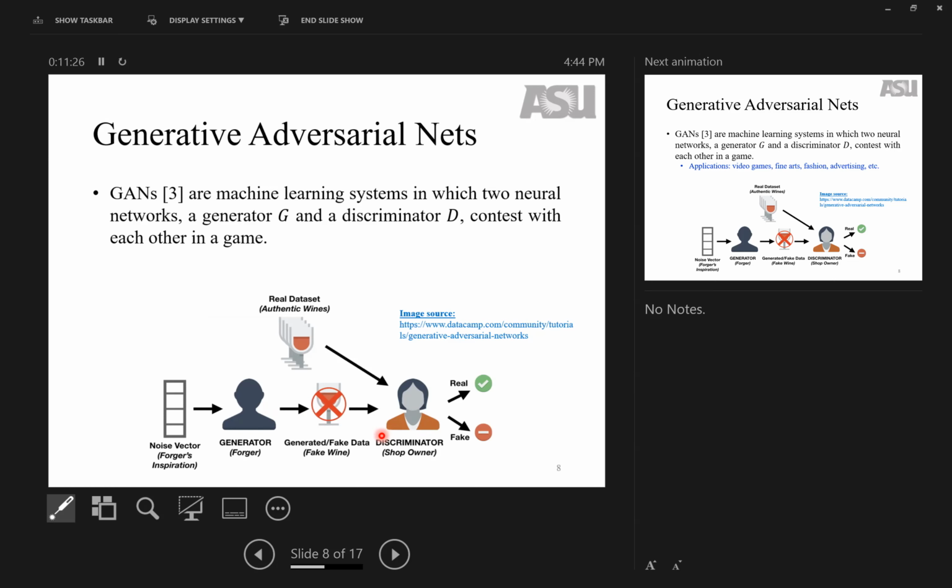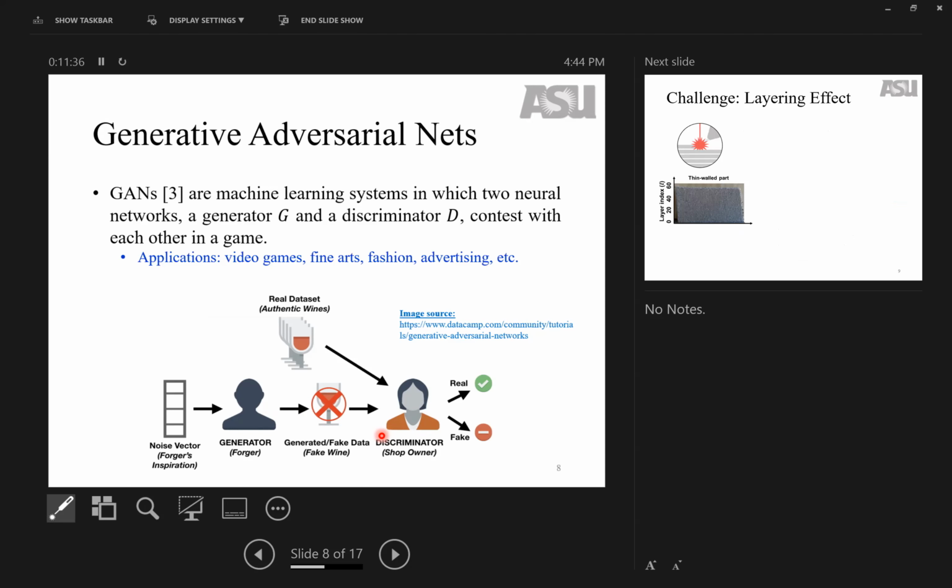That's the purpose. With this mechanism, GAN is capable of synthesizing very high quality, very real images. It has been used in a variety of applications involving image synthesis, like video games, fine arts, fashion, and the advertising industry.